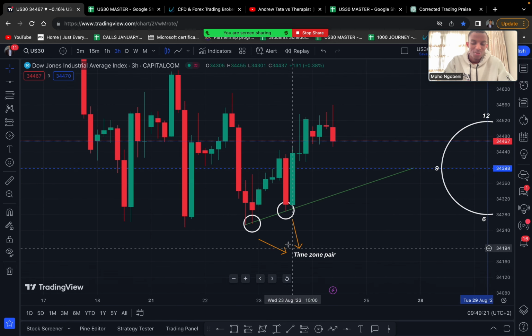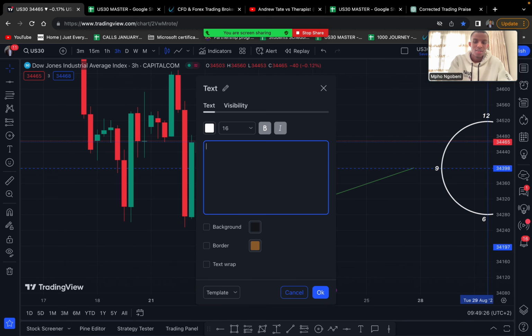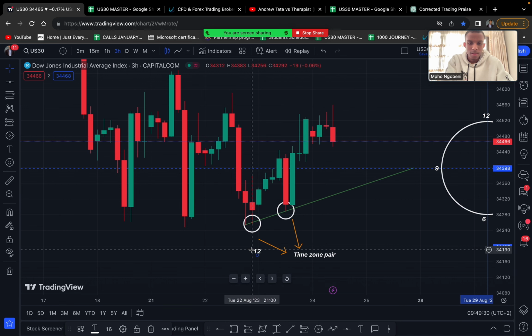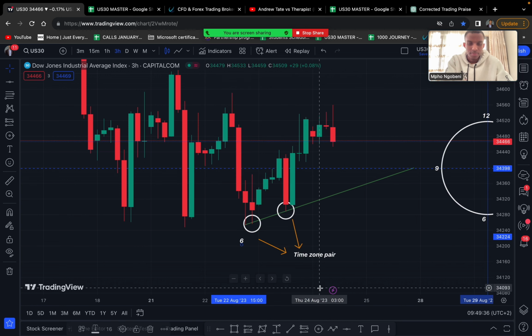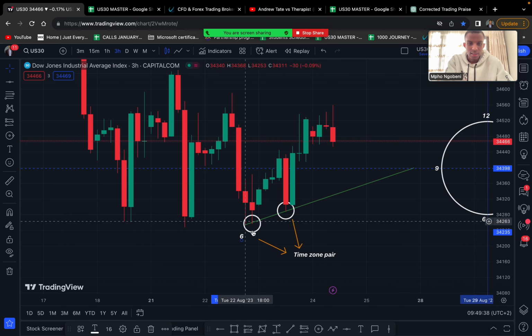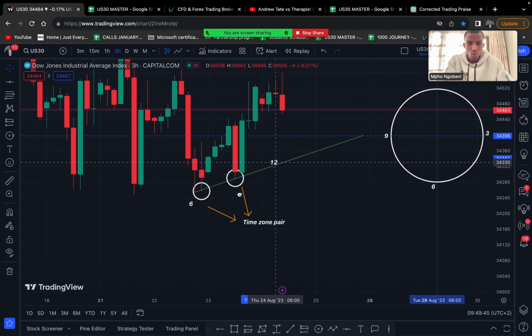So here we have time zone pairs, and if you check the times there, if you want me to write them down, it's my 12. Oh, my 6. That's my 6 there, as you can see. And then here it's my 12, and that's my 12 right there.